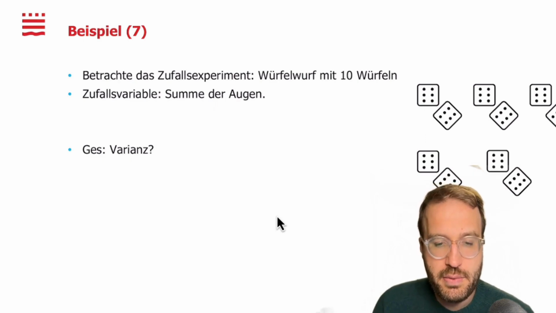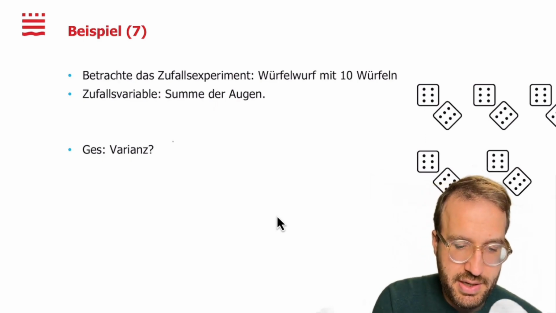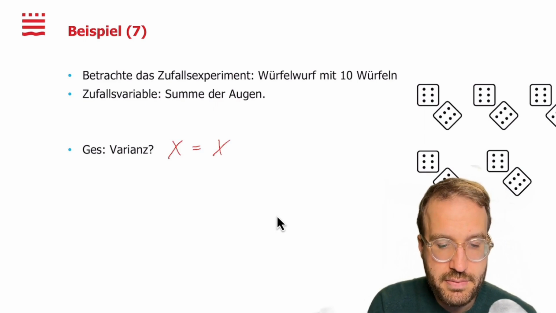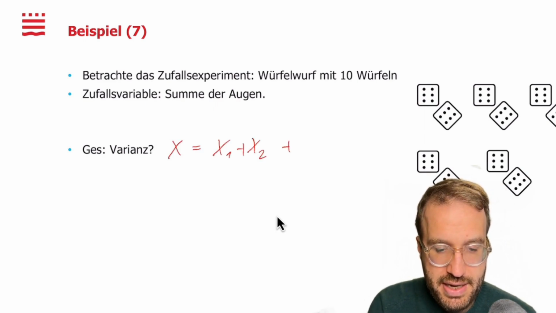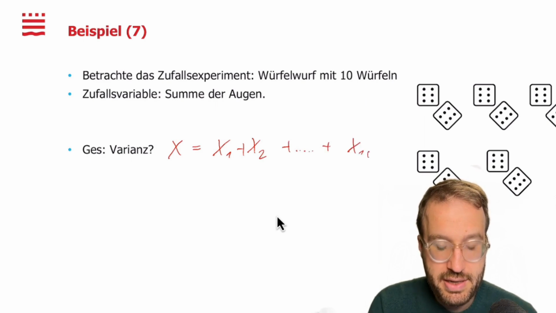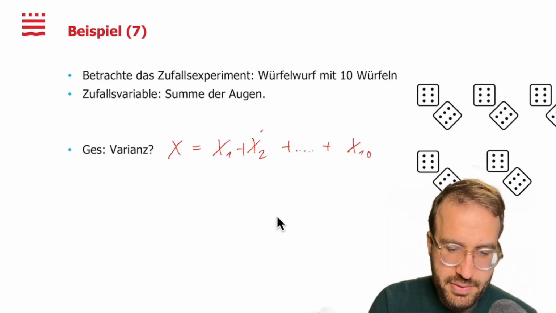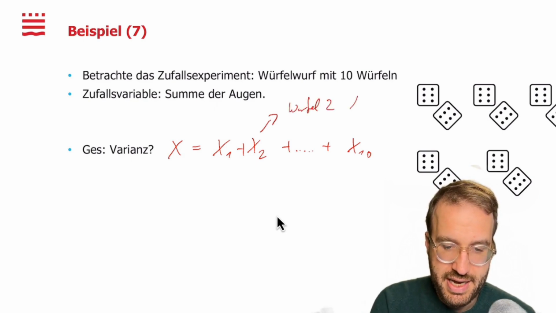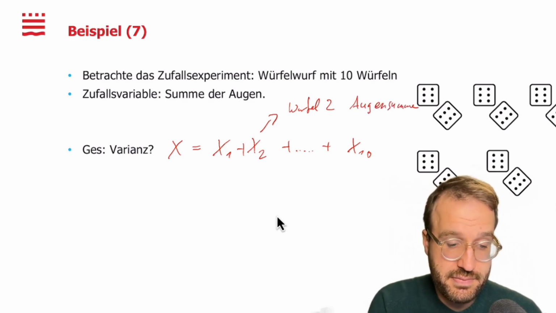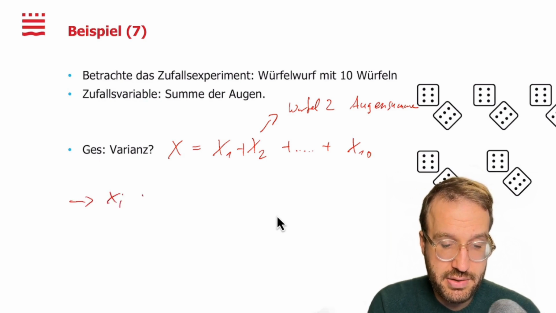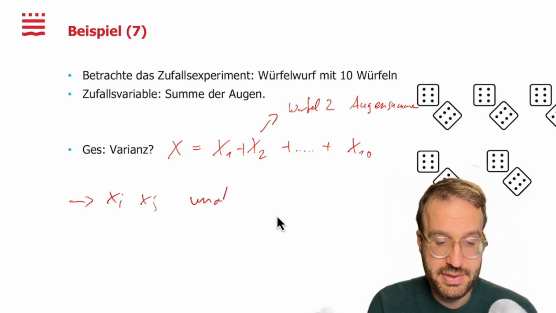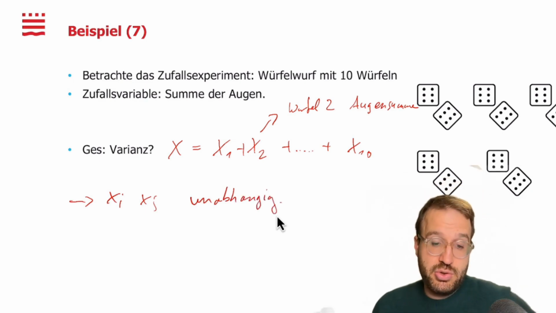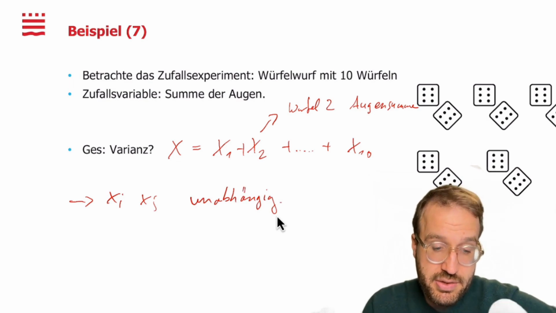We can interpret this as a random variable that is simply the sum of 10 random variables, X_1 to X_10. And the nice thing is that the X_i and X_j are independent. We have already considered that the rolls of two different dice are independent random variables.